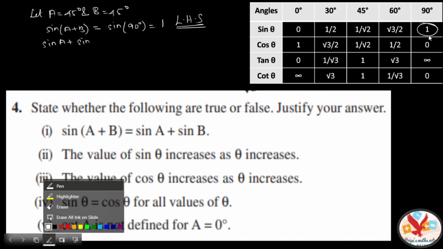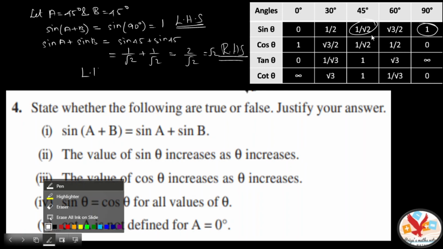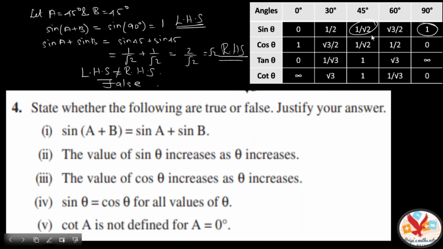Sin A plus sin B is sine 45 degree plus sine 45 degree. What is sine 45? 1 by root 2. 1 by root 2 plus 1 by root 2 is 2 by root 2, which is equal to root 2. RHS is root 2, which is not equal. Therefore, LHS is not equal to RHS. Therefore, the statement is false. We have justified that this statement is false.